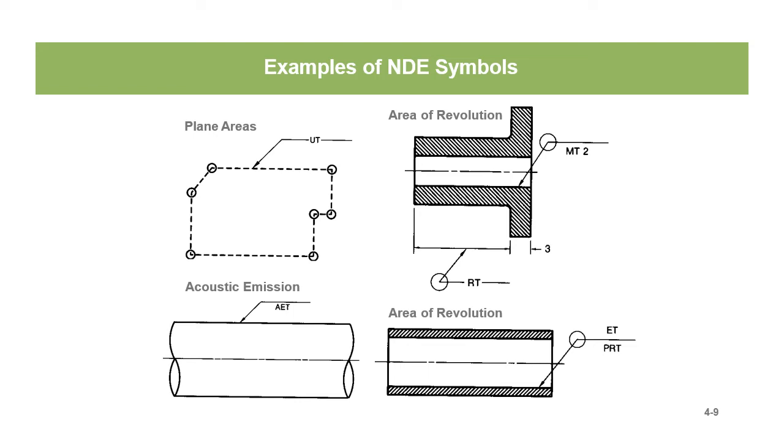Eddy current testing all the way around, and then PT. And on the upper one, the area of revolution, you can see where they want a certain part of that flange RT'd, and then the inside of it they want MT'd. So, you've got some options there. But that's what NDE symbols are for, relaying information on to the NDE technicians so you don't waste time and money having non-destructive testing done to something that doesn't need to be tested.